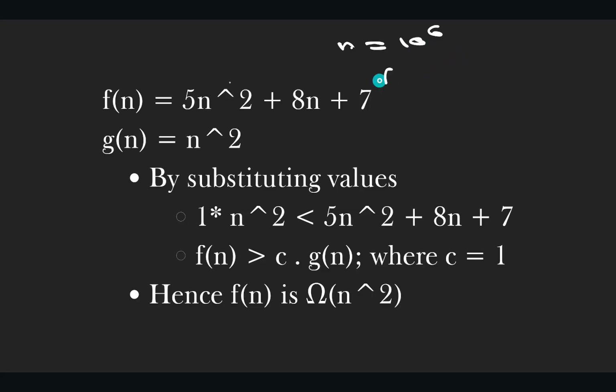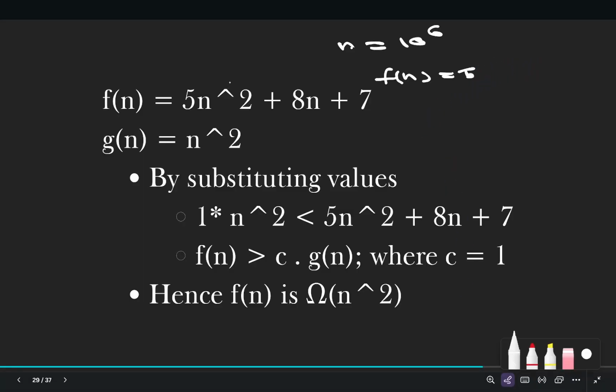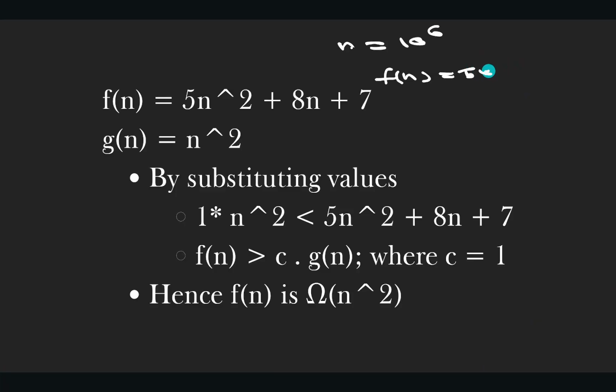So Fn is going to be 5 times 10 to the power of 6 squared, plus 8 times 10 to the power of 6, plus 7.